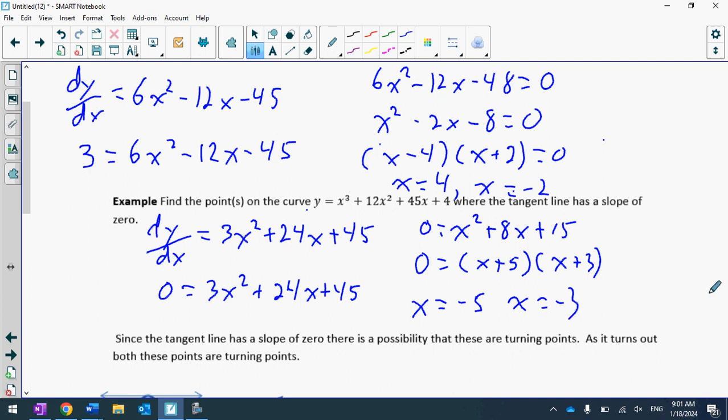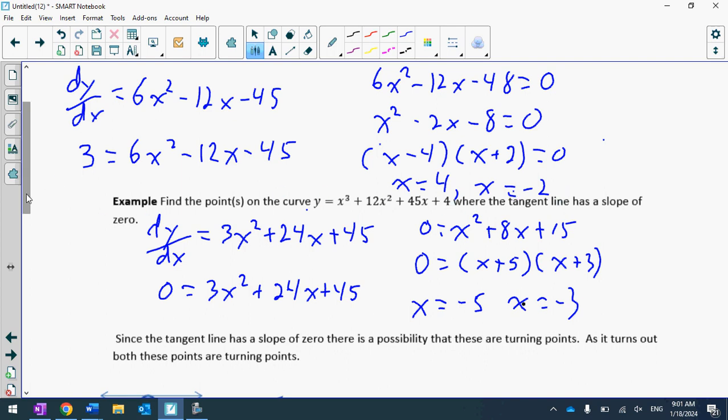So these are these two points on the curve, and we could find the y values if we want to, by back substituting x equals -5 into the original equation and substituting x equals -3 into the original equation. I'm not going to bother doing that here. That would give you the actual points, the y values as well on the curve, where the tangent line has a slope of 0.